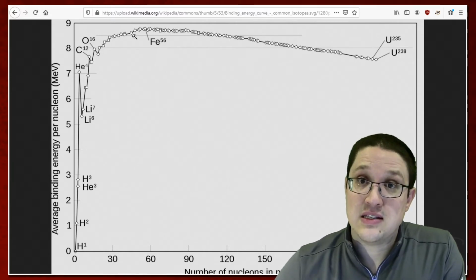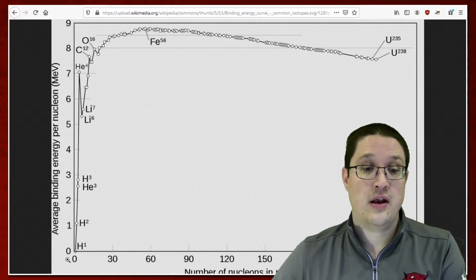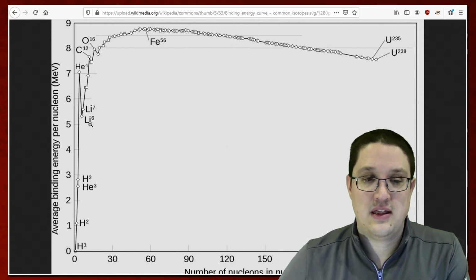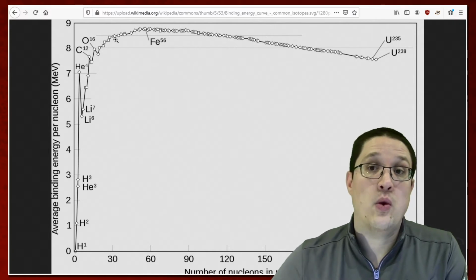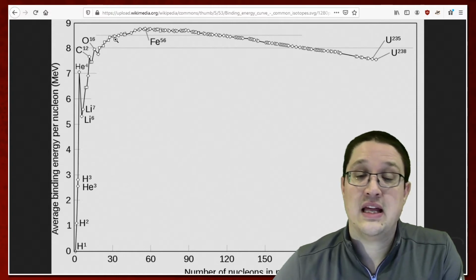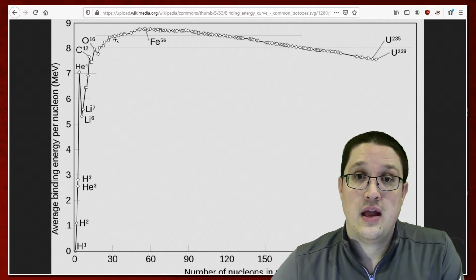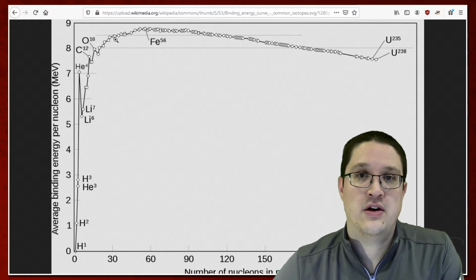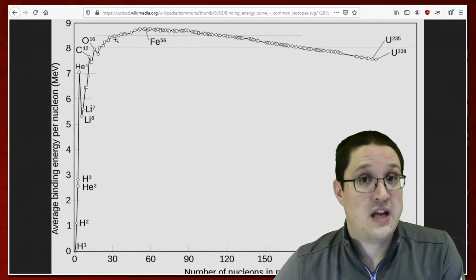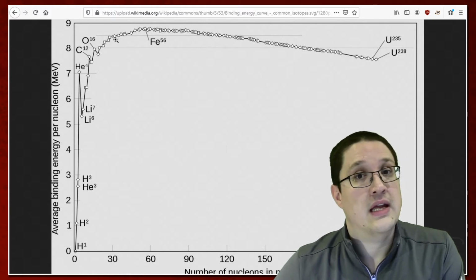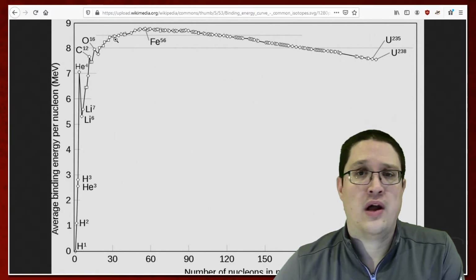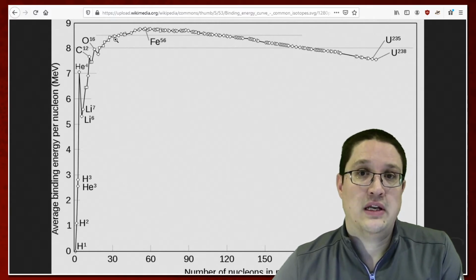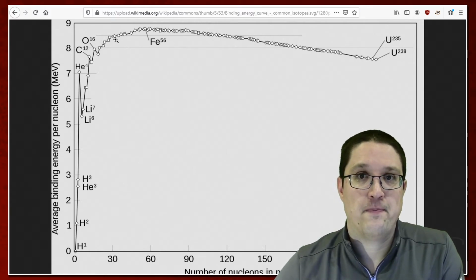What this means is that stars like our sun will fuse hydrogen into helium, into lithium, and on and on, but they will not be able to fuse anything heavier than iron. In order to fuse things heavier than iron, you need a huge amount of energy input, which is typically only found in supernovas or another process called neutron star mergers. Both of those release enormous amounts of energy.